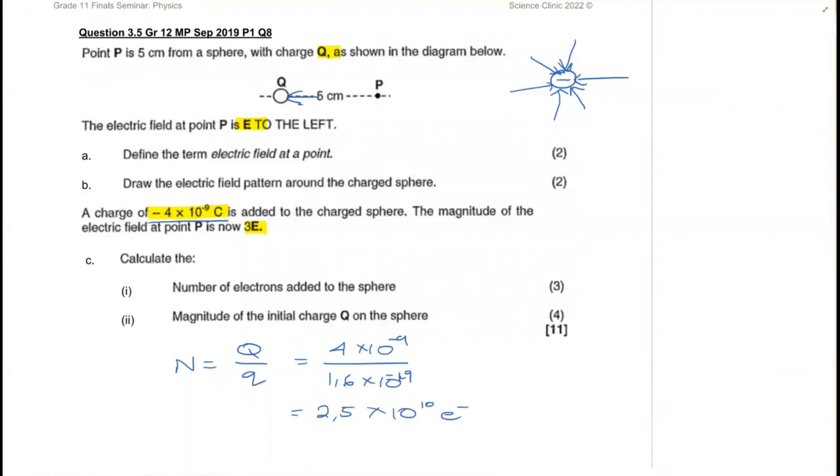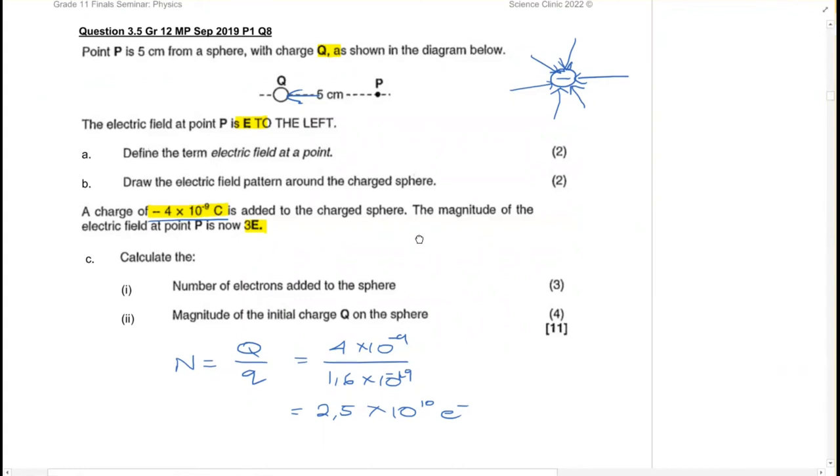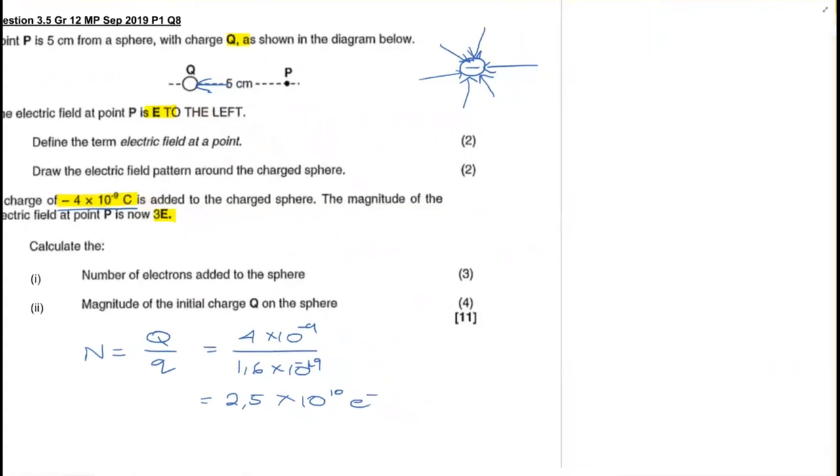Now the next one says calculate the magnitude of the initial charge Q on the sphere. Let's have a look. We've got to take our two scenarios into consideration now. When the field was E, we've still got K, the charge was Q, and the distance stays the same, so R squared.